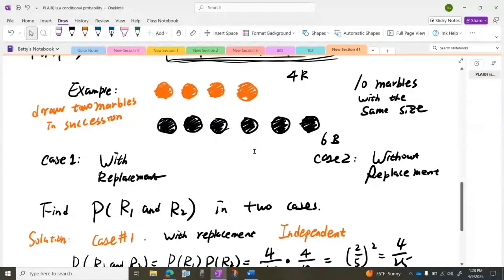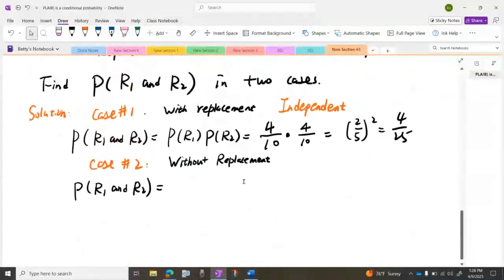So obviously the first time getting a red marble will affect the chance of getting a red marble the second time, because in case 2 we are doing without replacement. So the two events are dependent.